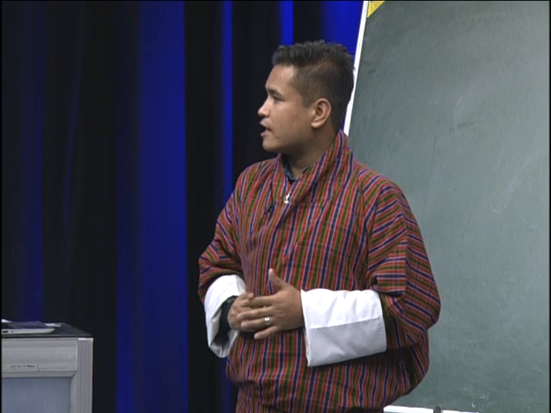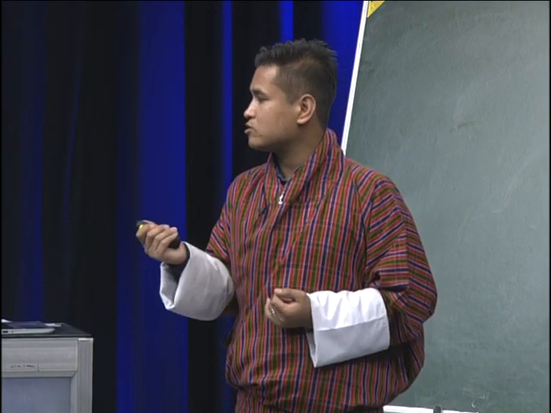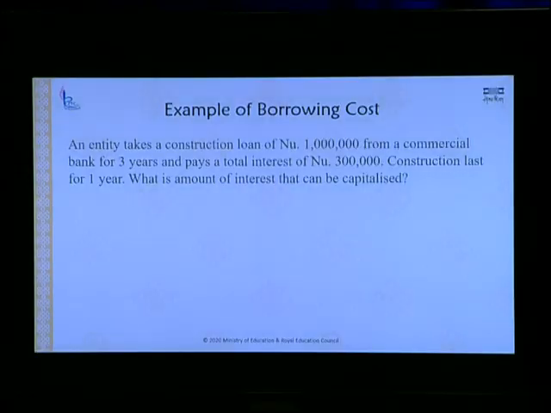In order to get the amount, 300,000 divided by 3, we will get 100,000. That means, for each year the interest amount is 100,000. So, 100,000 only needs to be capitalized, which means it should be added to the cost of the property, plant and equipment, whereas the remaining balance of 200,000 should be treated as other expenses.